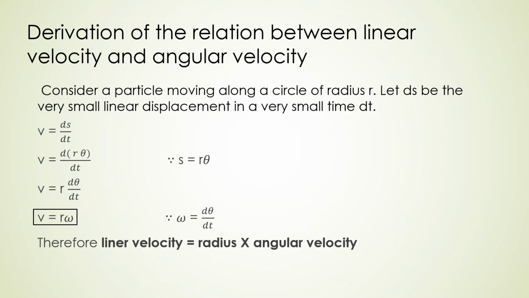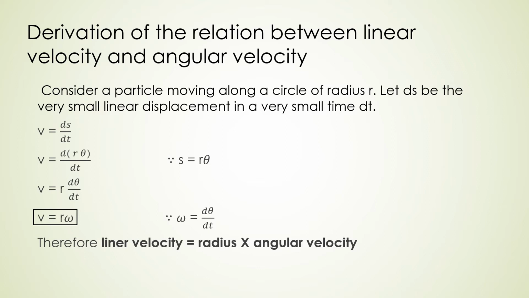So, the instantaneous linear velocity is given by v is equal to ds by dt. Next, from angular displacement, we know that theta is equal to s by r, or we can write s is equal to r theta.